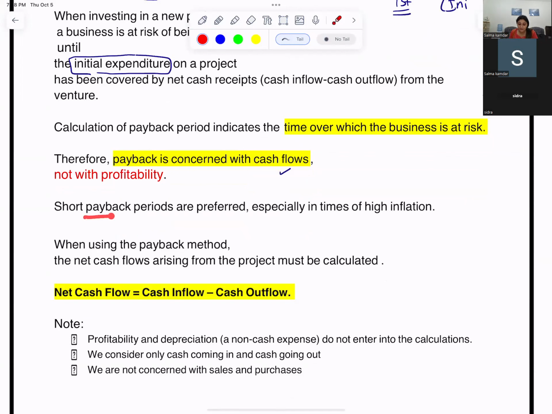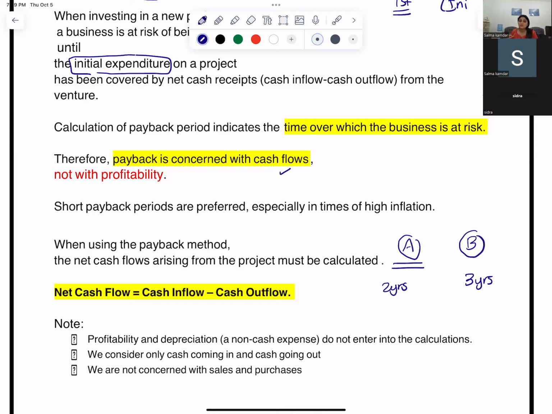So suppose you have a project A and project B. Project A would give back your investment in 2 years, and project B would give you back your investment in 3 years. Both projects are giving you back your investments.